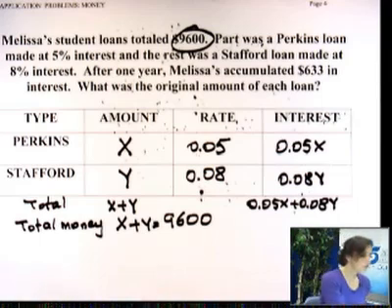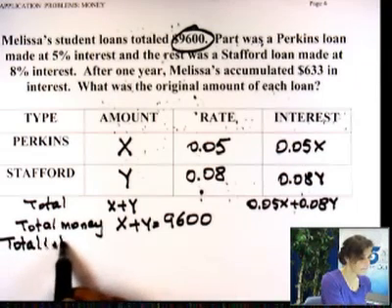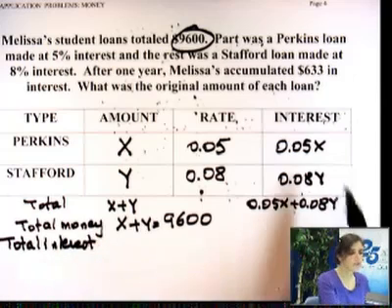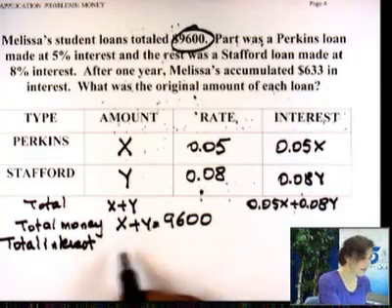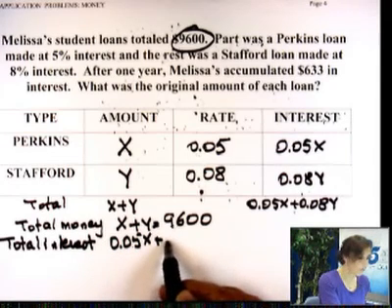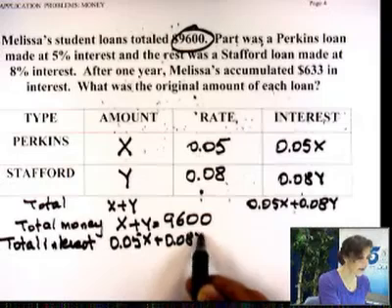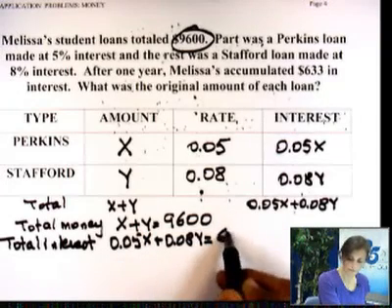The second one is the total interest equation. That's interest from here plus interest from there is going to be total interest. Am I given that? Yes, you are. 0.05x plus 0.08y. Did they tell me how much? 633.